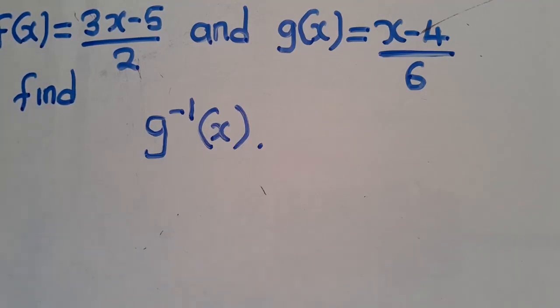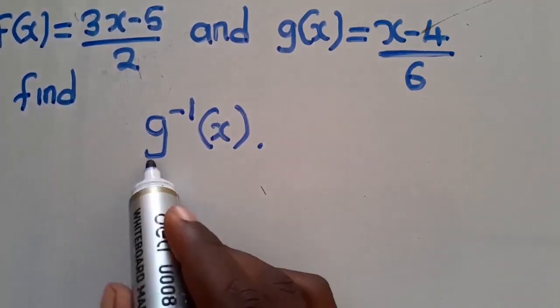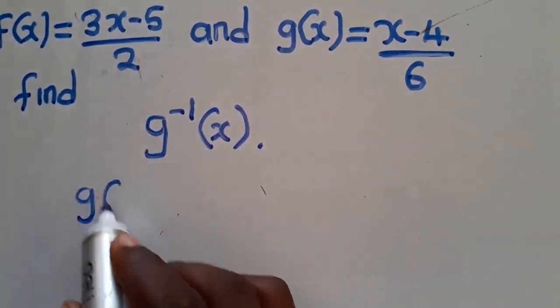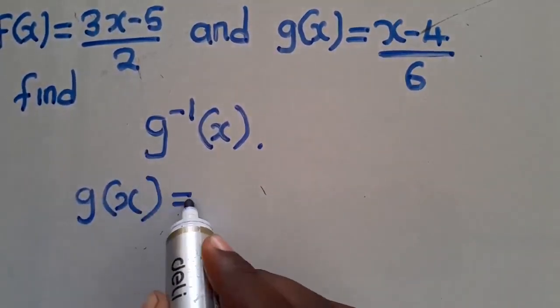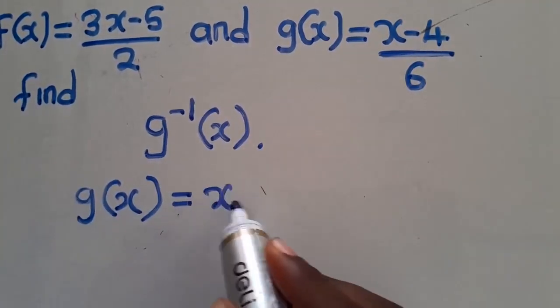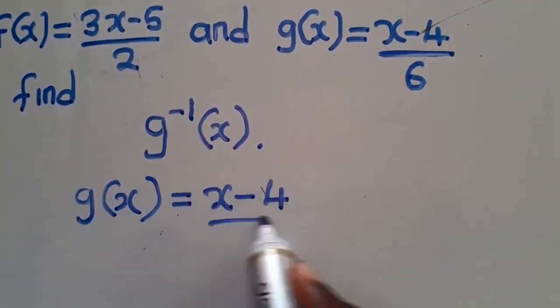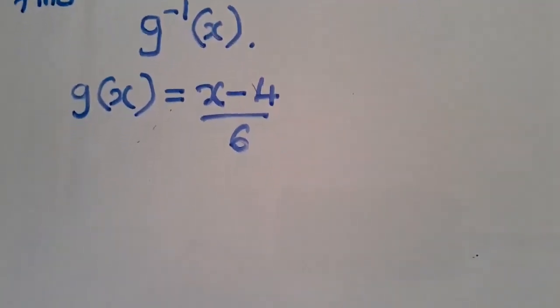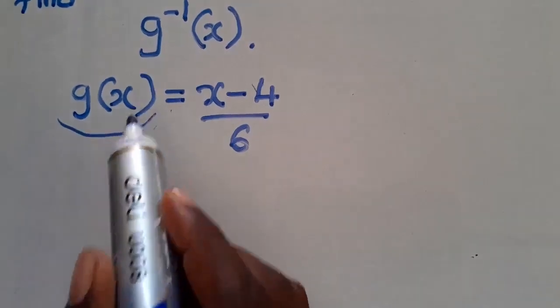Okay, so let's see if you've answered the correct thing. The first thing you need to ask yourself: where is the function g coming from? g of x is equal to x minus 4 over 6. This is the function. Then where there is g of x, you put y.